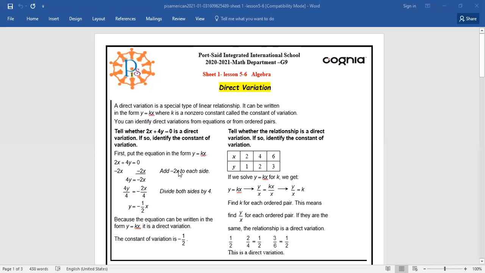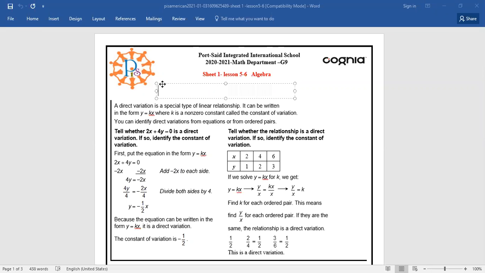Okay. So we said that if you want to know whether this is a direct variation or not, we have to check whether you can rewrite the equation. So I will give you a question and you will tell me if it is a direct variation or not.